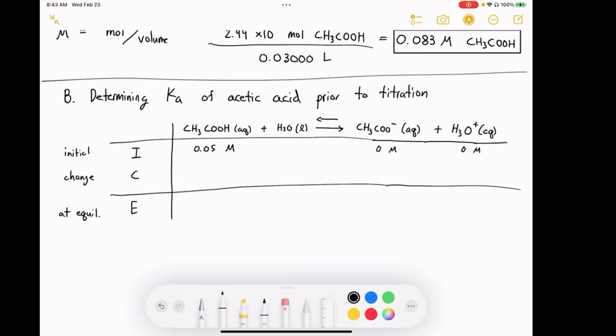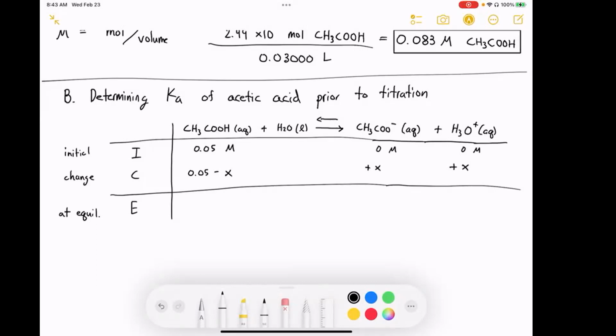So our change is, according to some dissociation constant, acetic acid will lose some of its acid molecules and convert them to its conjugate base. So the change is represented by 0.05 minus some variable x. And the amount that was lost is going to form the conjugate base, so on the other side we say plus x and plus x.